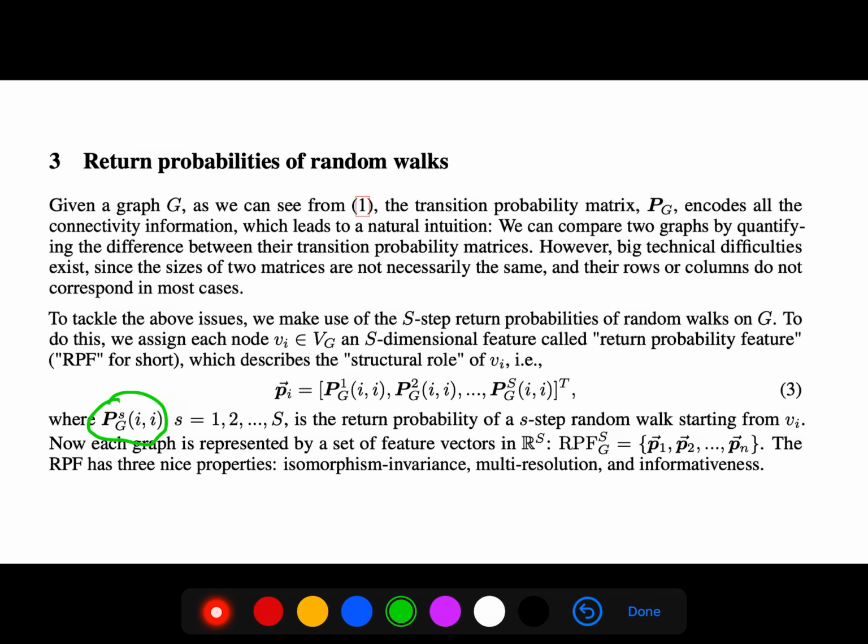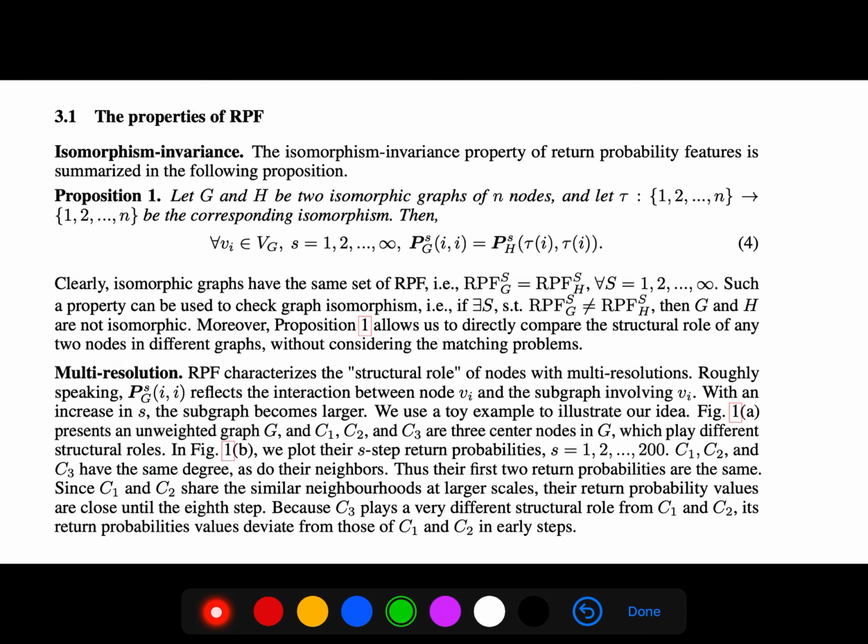For example, if each graph has n nodes, then we have n feature vectors, because each feature vector has return probability to each node. And the proposition says that if G and H are two isomorphic graphs of n nodes, then this satisfies.